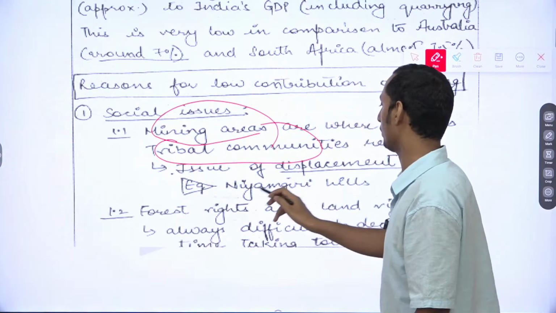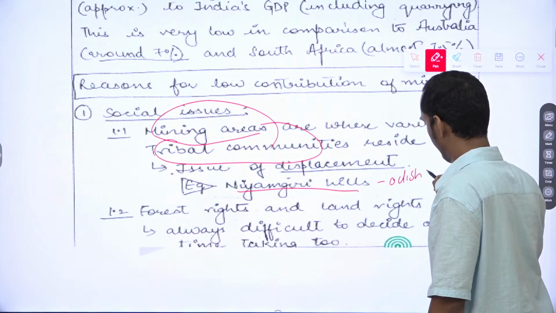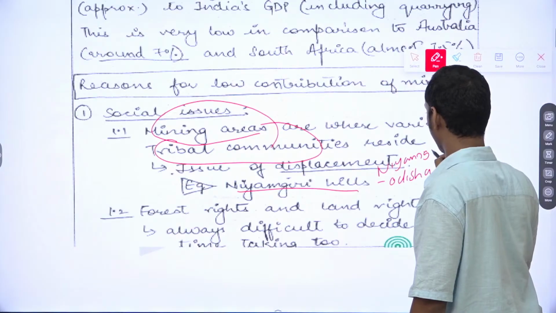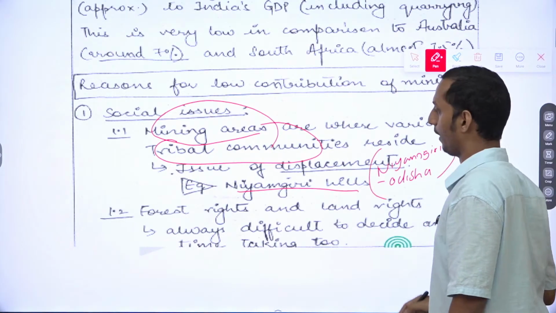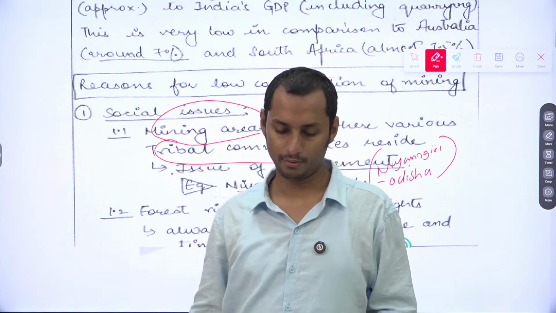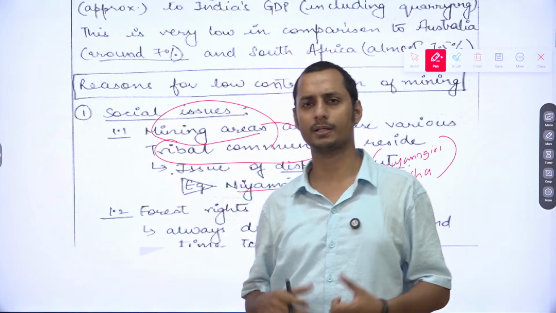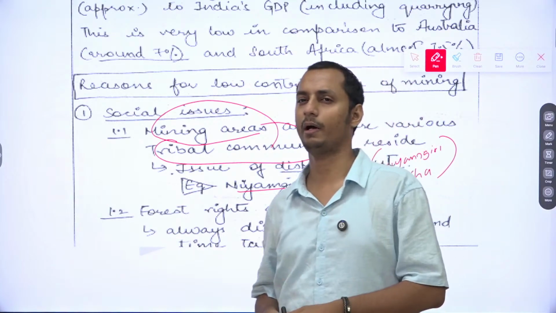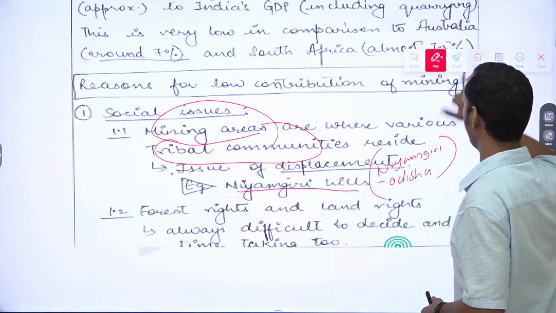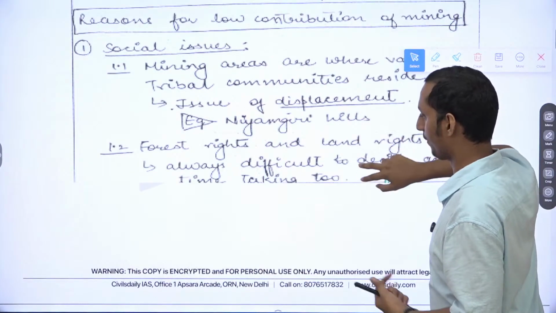So you can mention the Niyamgiri issue, Niyamgiri Hills in Odisha, or you can mention several environmental issues, because there have been certain environmental clearances given to one of the national parks, the Singbum National Park in, I guess, Assam or even Arunachal Pradesh. So you can mention all these factors. India is a very environment sensitive country. So forest rights you can mention.